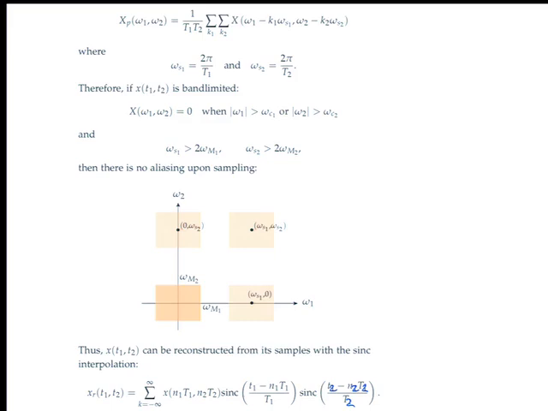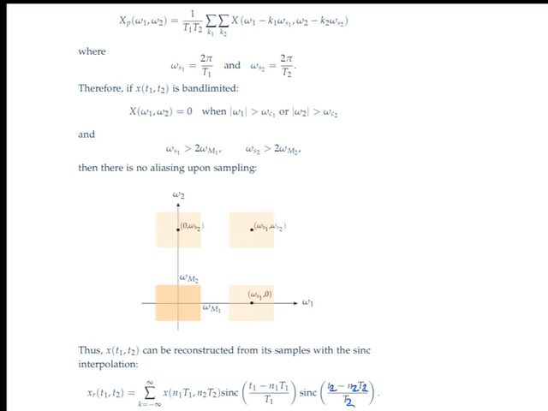To make sure there is no overlap, I have to make sure that omega M1 is less than half of omega S1, make sure those squares don't overlap, right? Similarly, omega M2 should be less than half of omega S2. Then these will be intact.